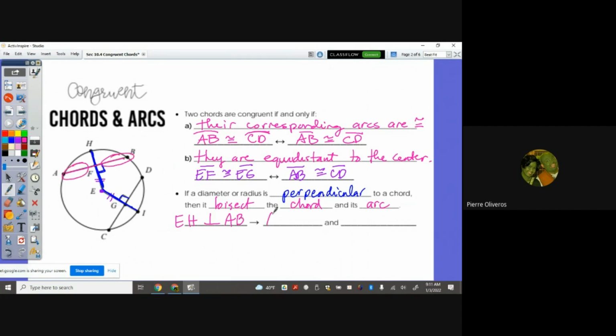So I can say that AF is congruent to BF because those were cut by the bisector. And the arcs, arc AH is congruent to arc BH. Okay?